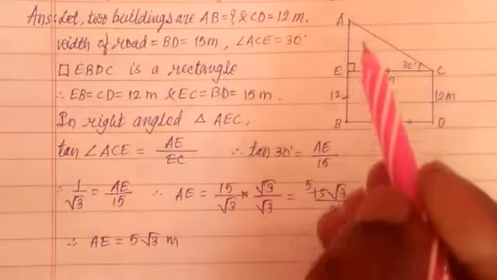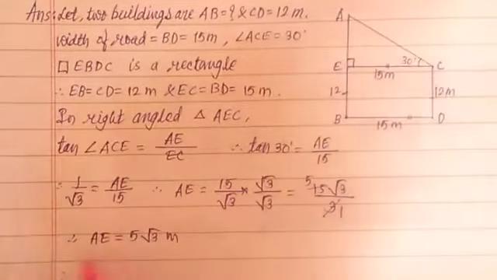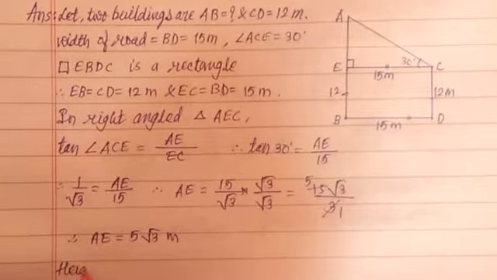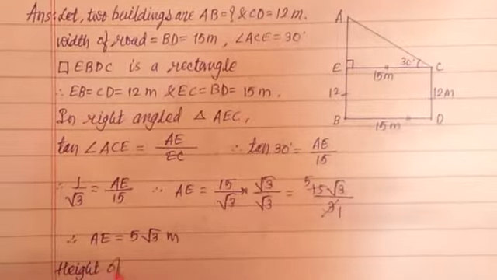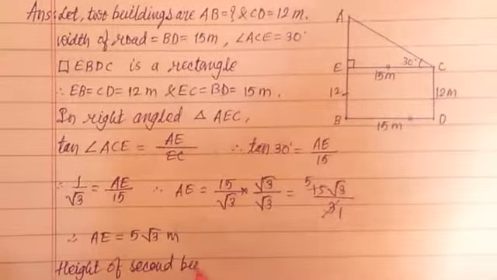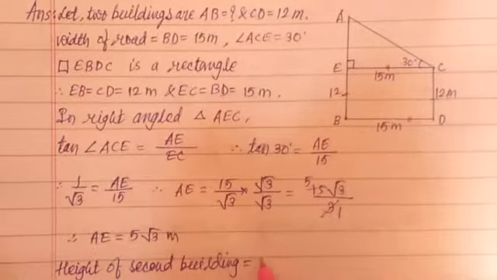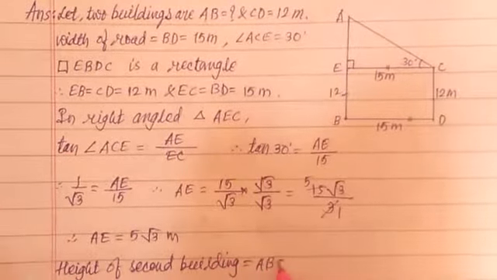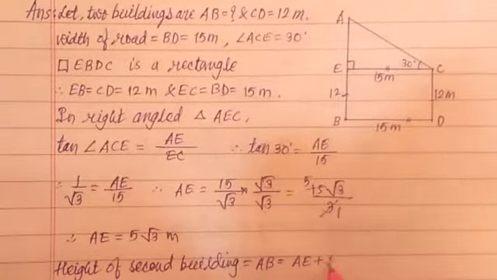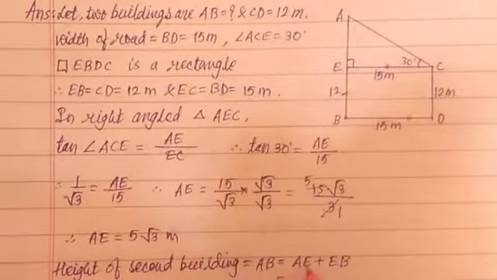Now we have the height of the second building. Height of the second building is equal to AB, which is equal to AE plus EB.